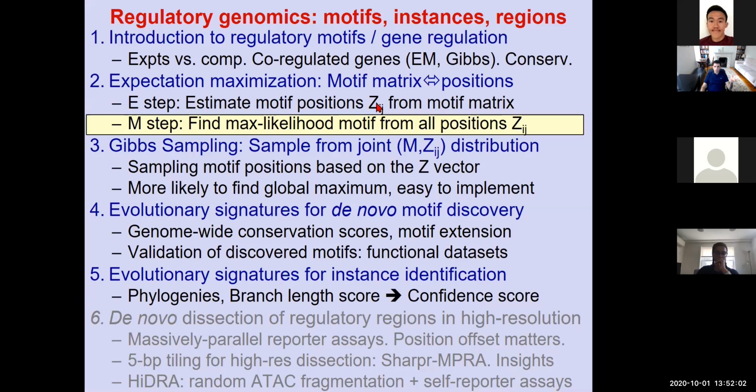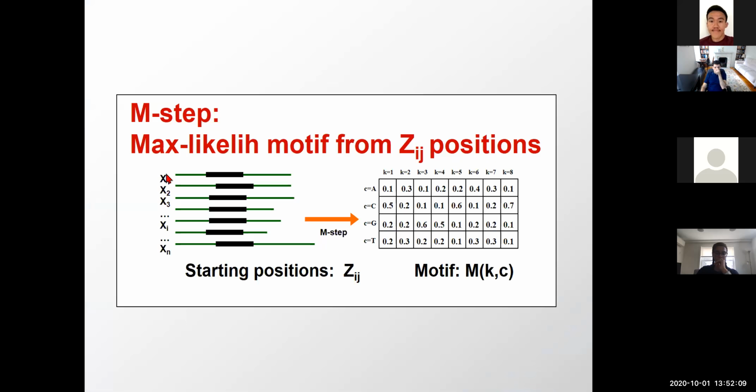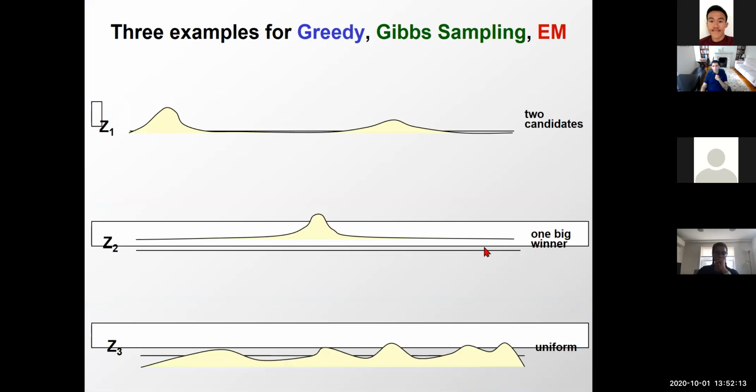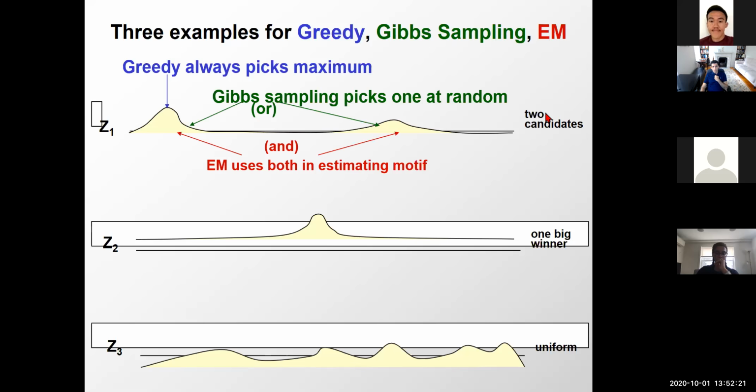Now I want to use this Z_ij vector to find the maximum likelihood motif estimate from those positions. So I have the starting positions and I want to estimate the motif. As I mentioned earlier, there are three approaches for doing that. You could use greedy, you could use Gibbs sampling, and you could use expectation maximization.